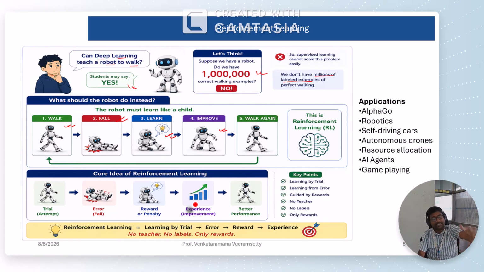Maybe it is hit by an object, then it falls, then it understands, oh, from this state this is not the right action, so I have to go with some other action. Like that, based on its experience, it starts learning instead of being given lakhs of labeled data. So we give the instructions and allow the robot to learn by itself based on trial and error. Then it will understand the whole environment effectively, and it will take decisions in the environment once it has experience.